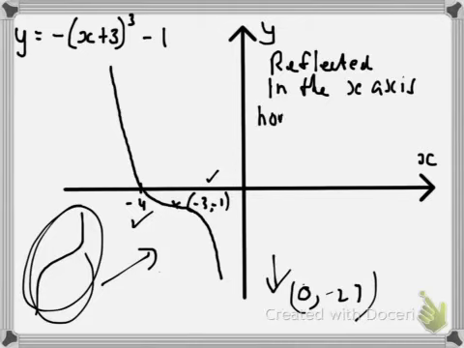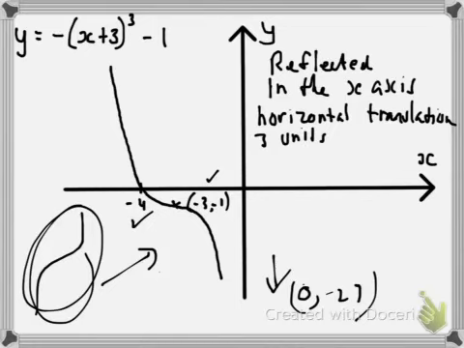Horizontal translation. And that was 3 units to the left. And vertical translation 1 unit down.